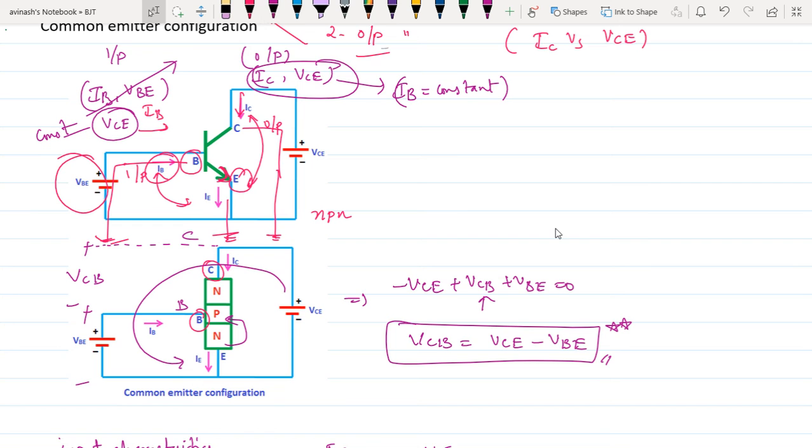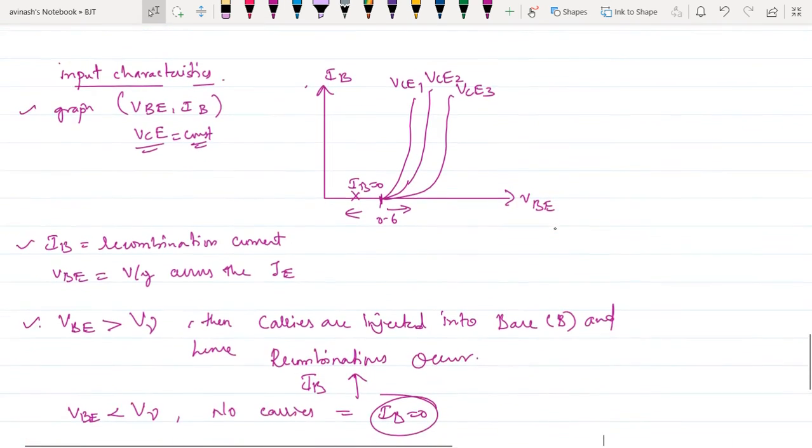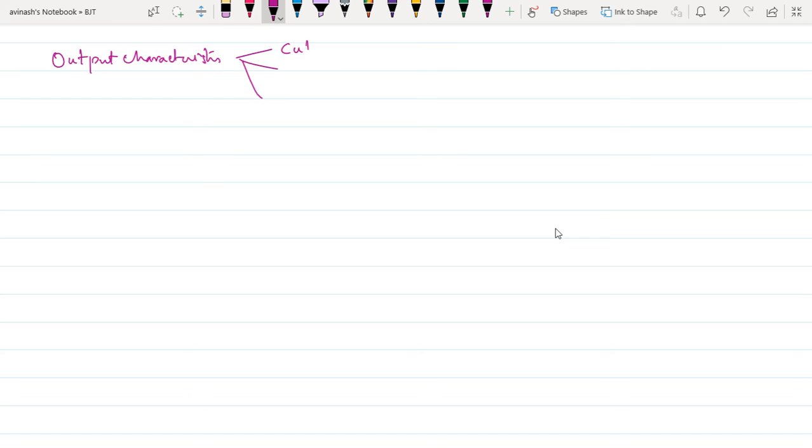The next will be the output characteristics. How many regions will be there? As I said earlier, cutoff, saturation, and active region.